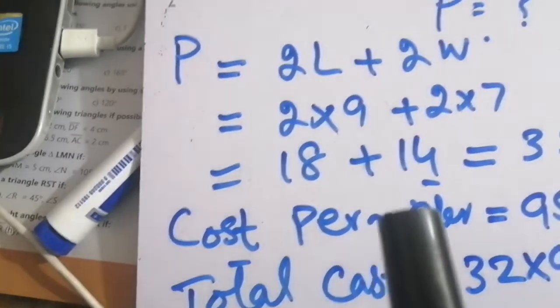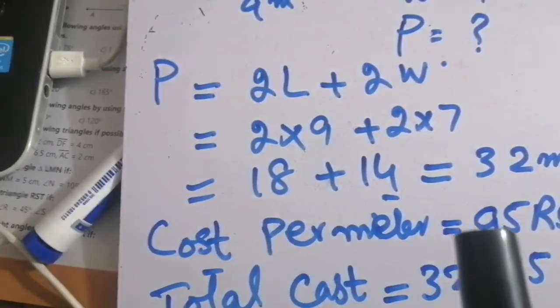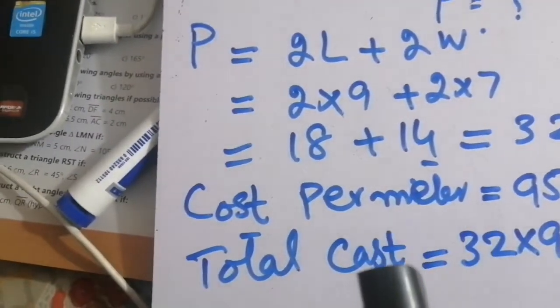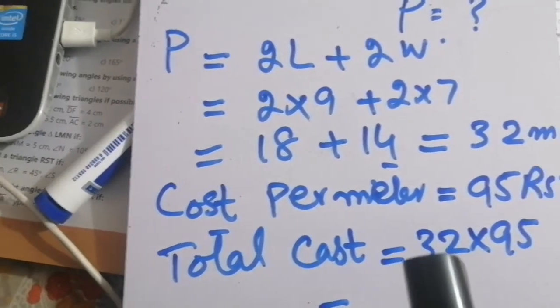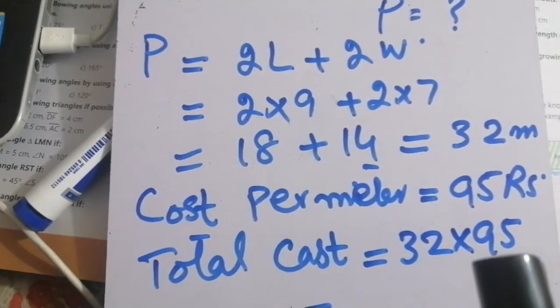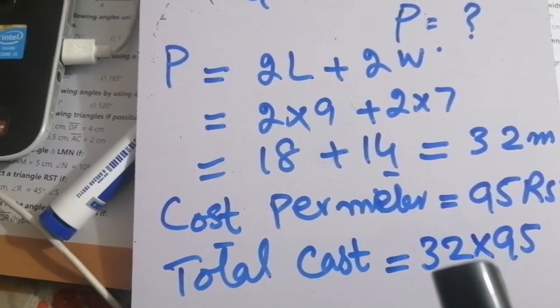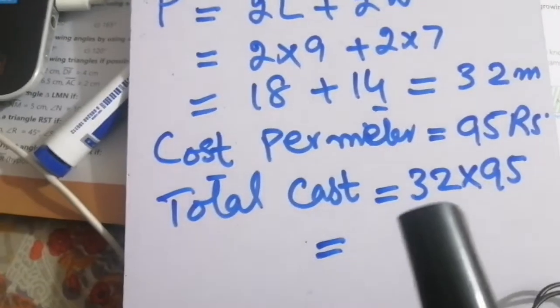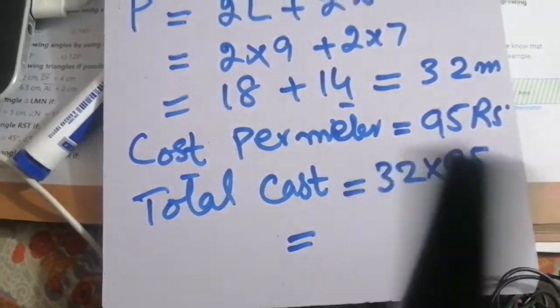So the cost per meter is given as 95 rupees. So the total cost will be 32 multiplied by 95.